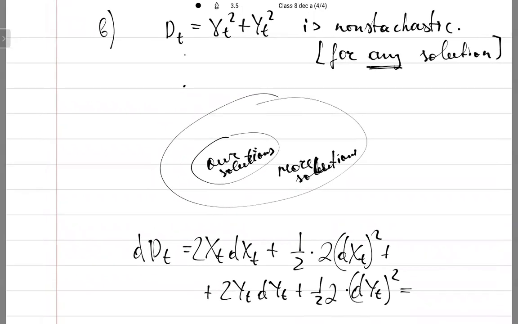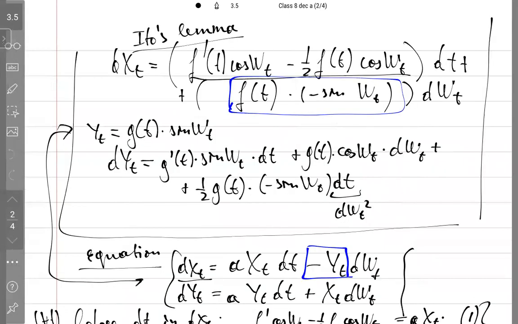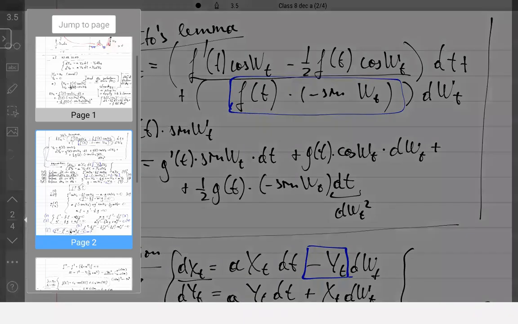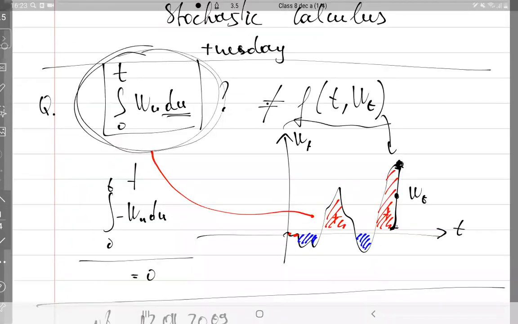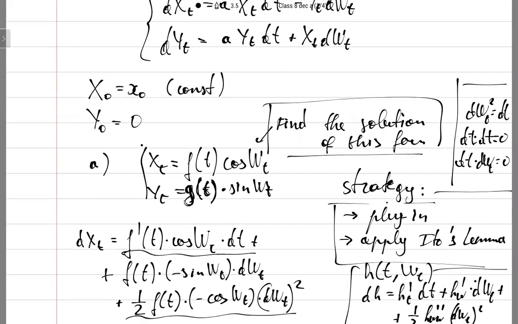This is my strategy: plug in and apply it as lemma. You plug in xt and yt, right, and apply it as lemma.